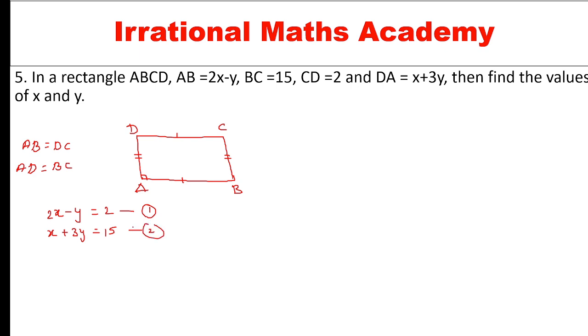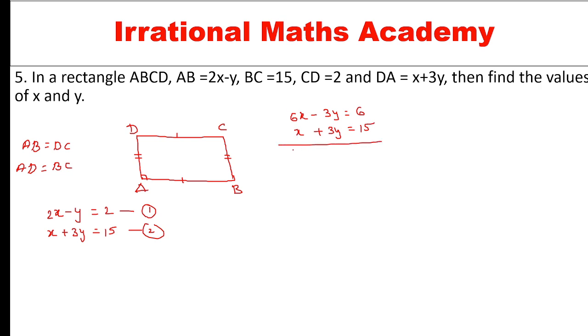Now I can use either the elimination method or the substitution method. Here I'll use the elimination method, and I want to eliminate y. So the first equation I'll multiply by 3: 3 into 2, 6x minus 3y equal to 6. The second equation is x plus 3y equal to 15.